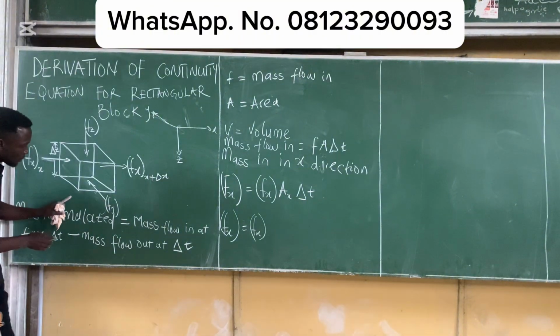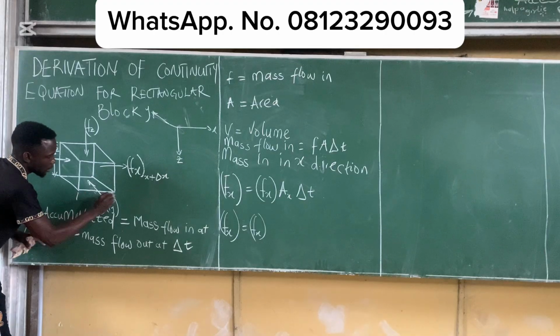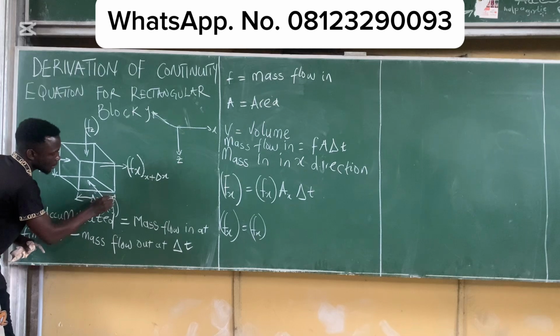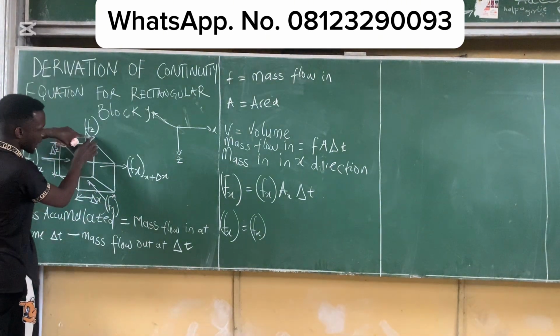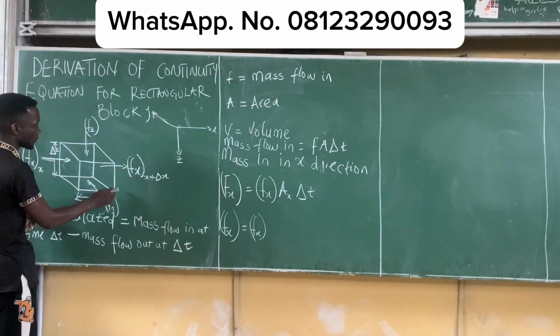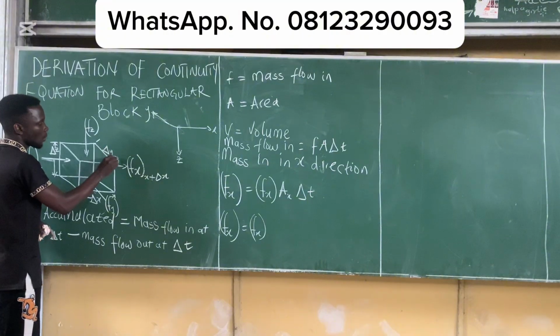The distance of the block from here to here becomes delta x. The distance from here to here, which is the same thing as from here to here, becomes delta y.